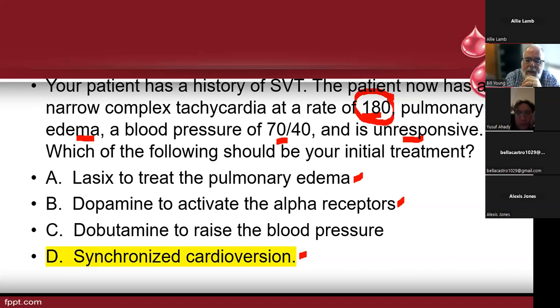Now, Bella, let me ask you a bonus question. Why is this patient in shock as a result of a heart rate of 180? Tell me what's a mechanism that's causing that. It's because the heart rate's so fast, it can't adequately push out blood, because the contractions aren't fully contracting.